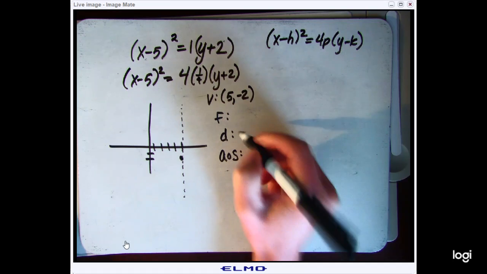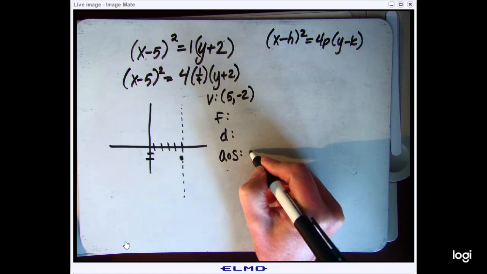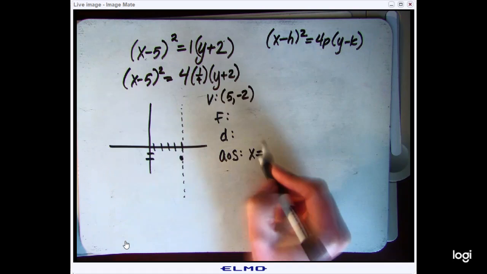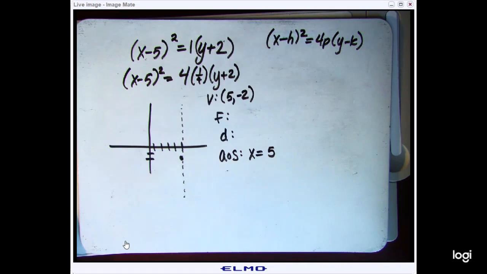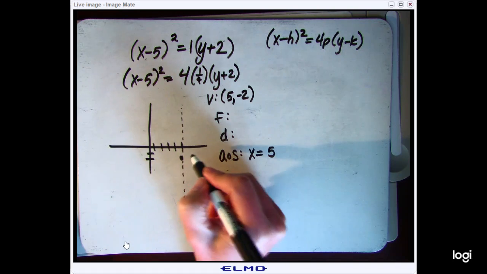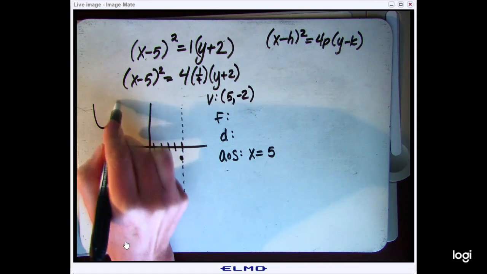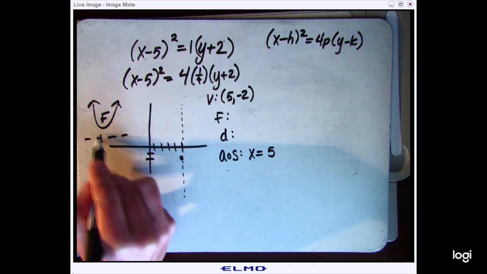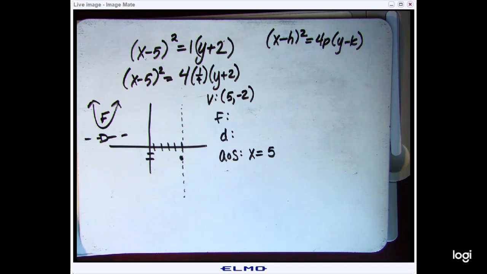And so the axis of symmetry has an equation of x equals 5. And then the focus always sits inside the parabola, right? Focus is always inside. The directrix is always a balanced distance on the outside.